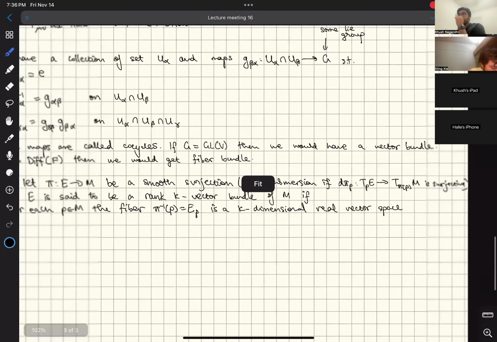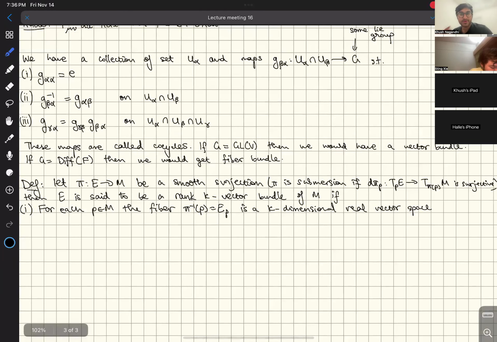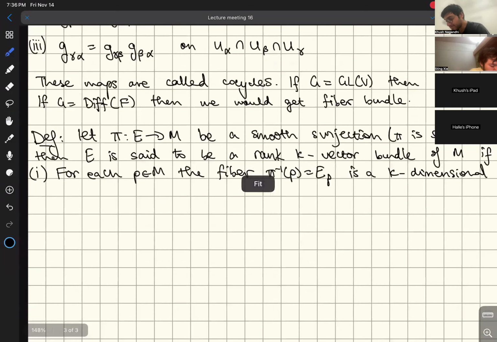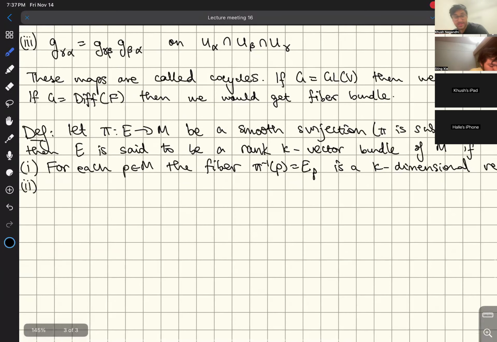Again, we saw this in the definition of the tangent bundle. The fiber at each point is the tangent space, and the tangent space is a real vector space. So this is not something surprising.